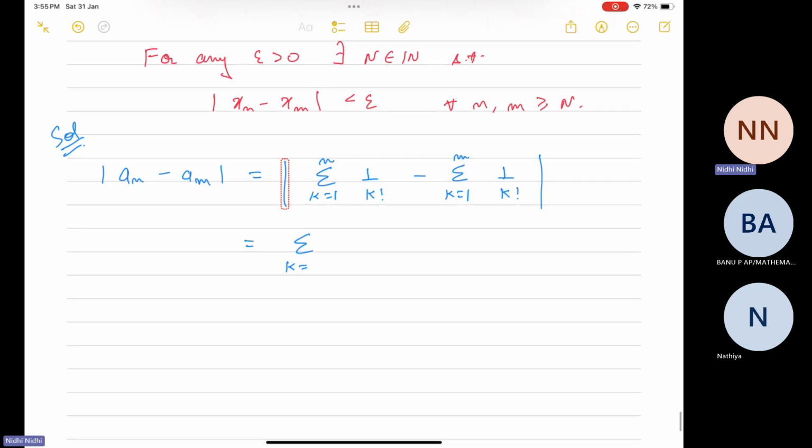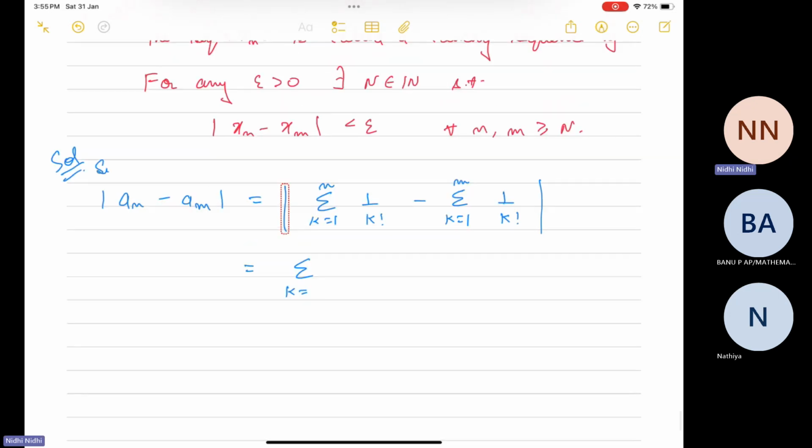We should start by supposing m is less than or equal to n. We can take n less than or equal to m as well; obviously if we have two distinct natural numbers, one of them will be less than the other one. So eventually this will be the summation k from m plus 1 to n of 1 by k factorial.